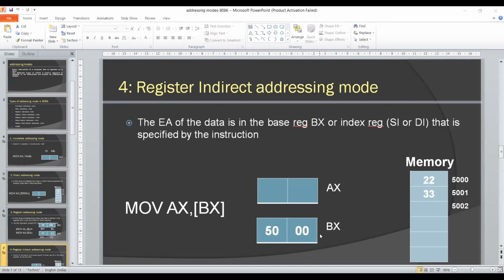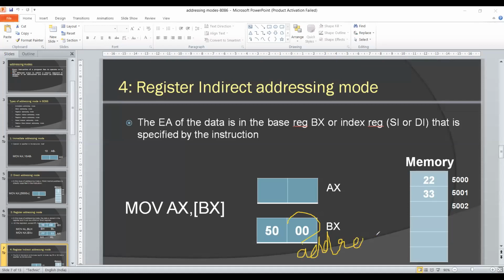Is this clear? This 5000 is the address of the operand, and the operand is placed in the memory. So this is the segment of the memory with effective address 5000. The data is 22. Here 00 represents the lower byte of the address.